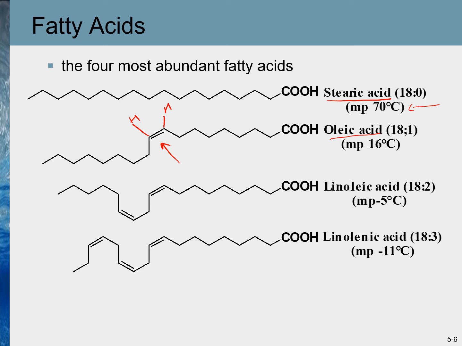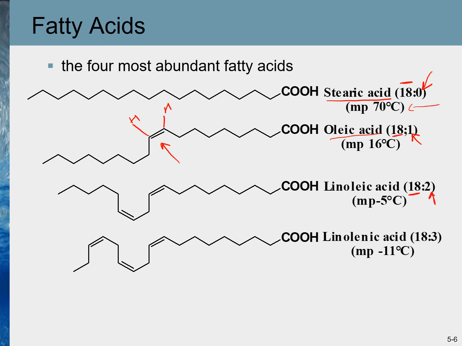The number 18 represents the length of the carbon chain, and the next number represents the number of double bonds. For example, in oleic acid we have an 18 carbon chain and one double bond. Linoleic acid, on the other hand, has the same number of carbon atoms in the chain, but it has two double bonds.